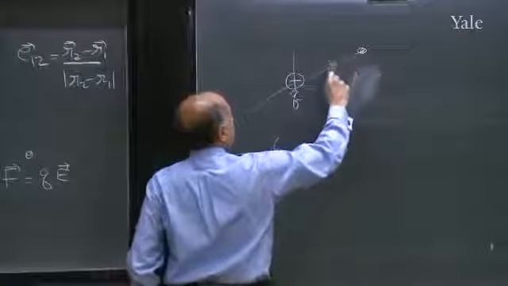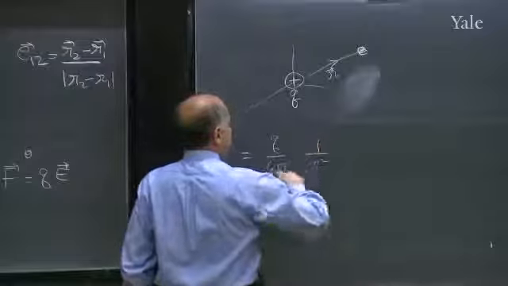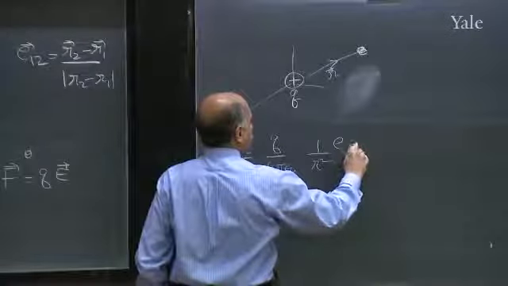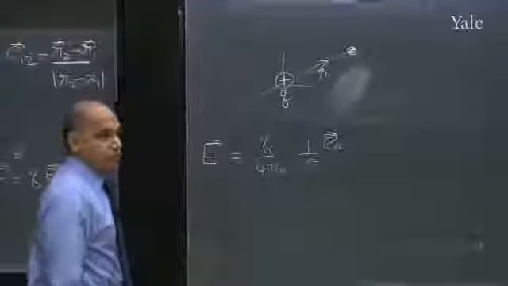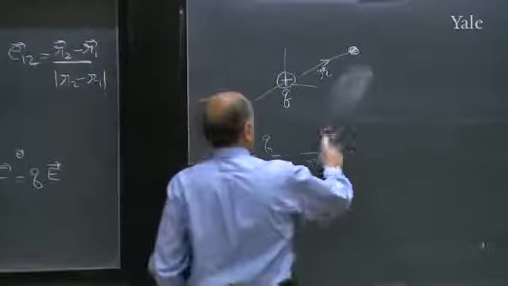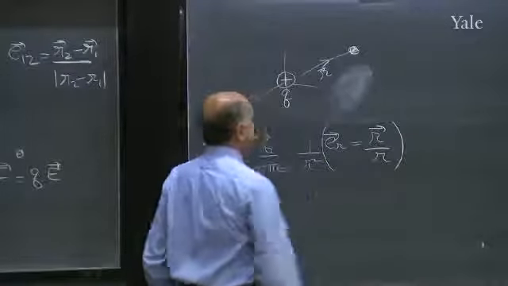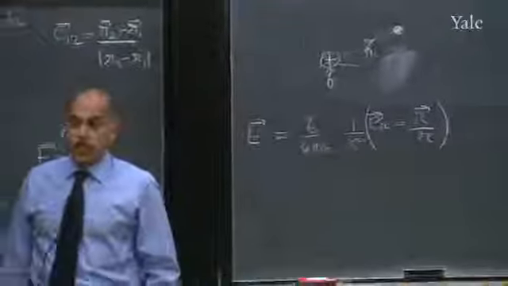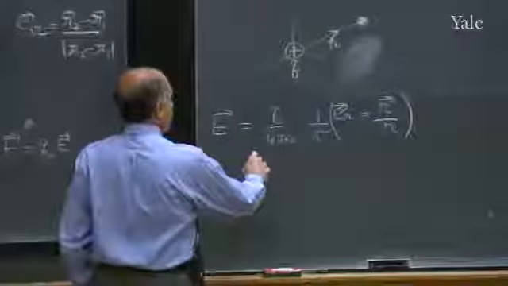If you're here, and that's your r vector, the field at this point is that magnitude, and I'm going to write e sub r, meaning a vector of unit length in the radial direction. Once again, I will tell you, if you want, you can write that as the position vector divided by the length of the position vector. They're equivalent ways. If I write it the second way, you've got to be a little careful.